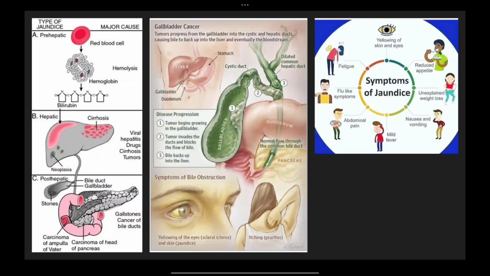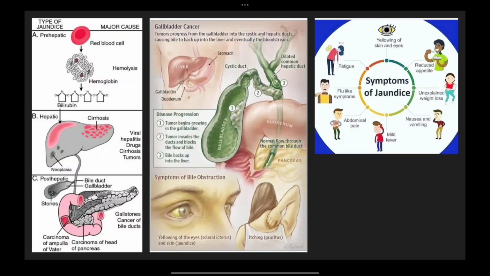Now this is an image of how gallbladder cancer causes jaundice in a person. As I told, there is itching, pruritus, which is the medical term for itching, and yellowing of the sclera, the eye, and the skin is also yellowish. This is due to blockage of the gallbladder or the bile duct, leading to accumulation of bilirubin inside the human body.